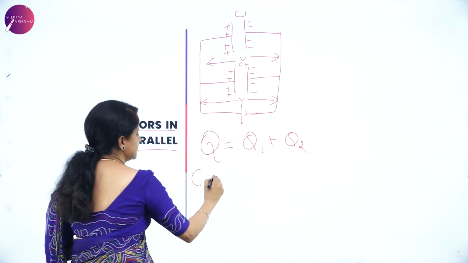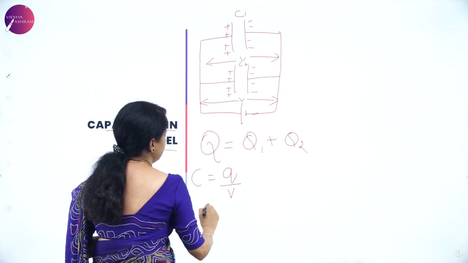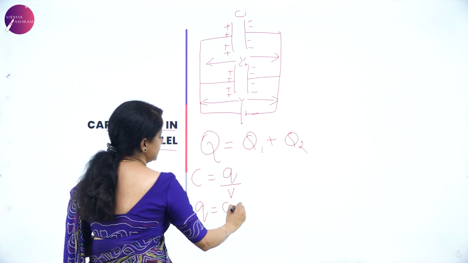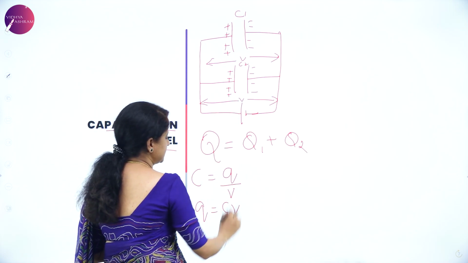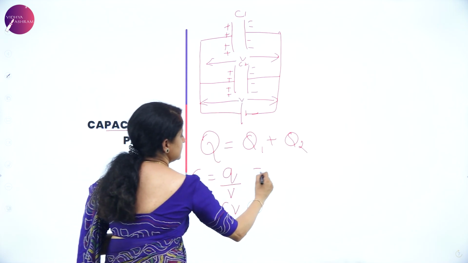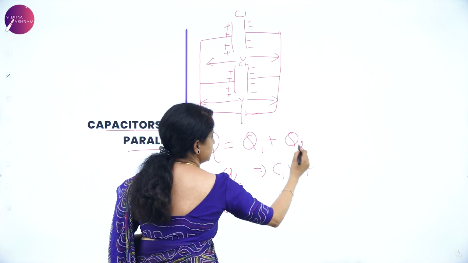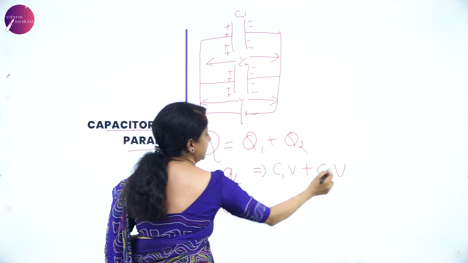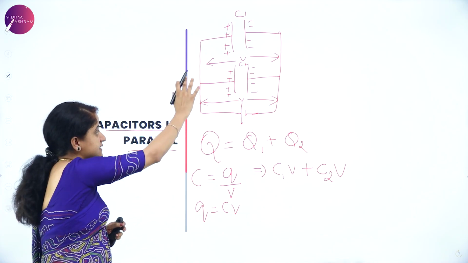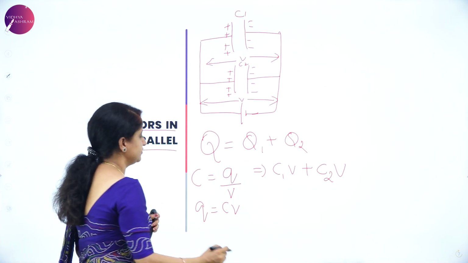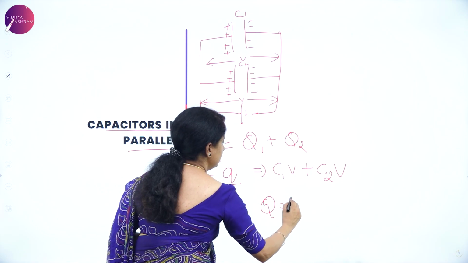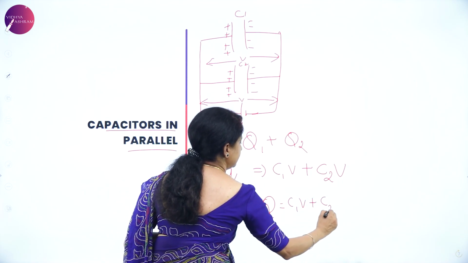Now from the expression C is equal to Q divided by V, we can write Q is equal to C into V. Now for the first capacitor, it is C1 into V plus for the second capacitor it is C2 into V. It is not V1 and V2 because V is same for both the capacitors. So we have Q is equal to C1 into V plus C2 into V.